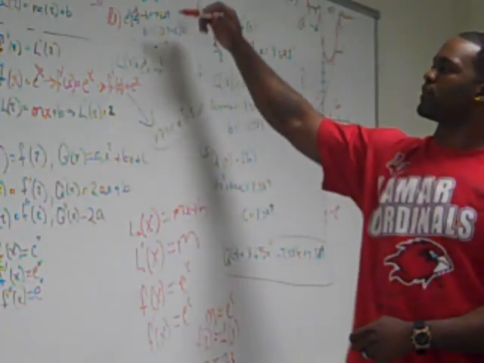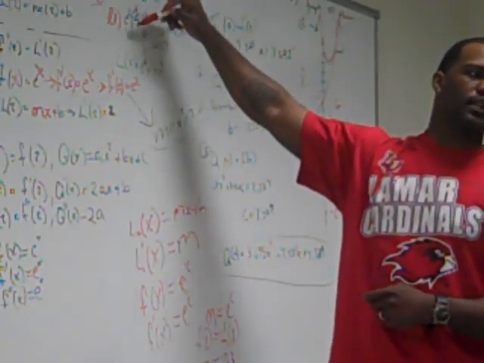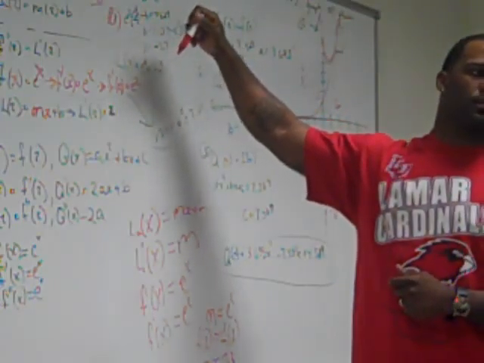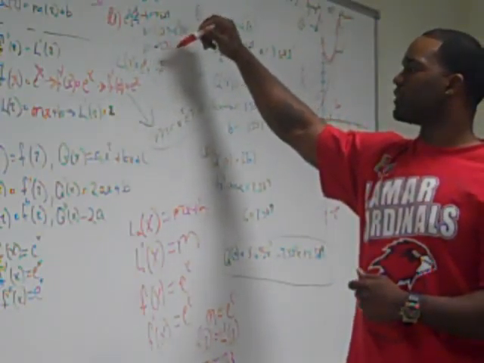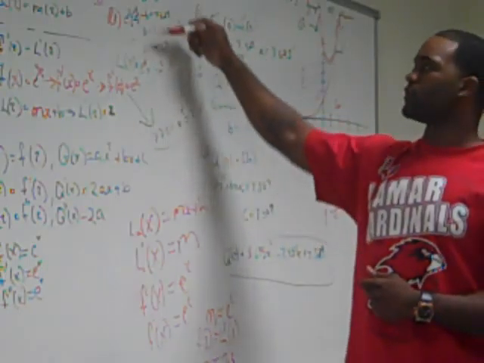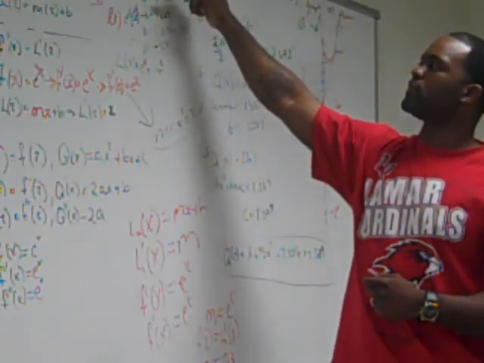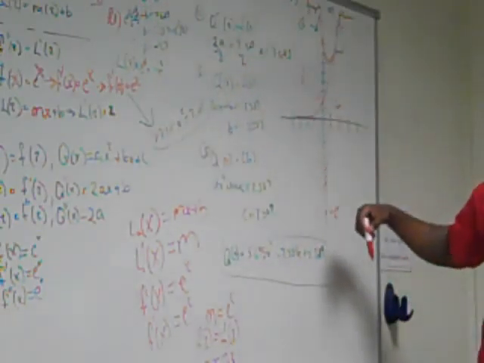So that's where I got my m. I just wrote it as e to the x, but it's the same thing. You plug in 2 and then you solve for b. Once you know b, you already know m, so you plug it back into mx plus b, and that's where you get this graph from.